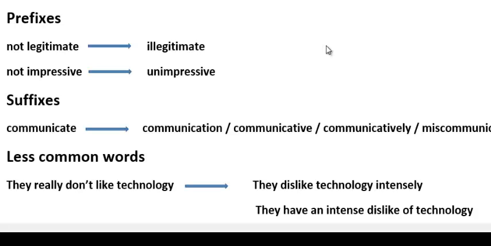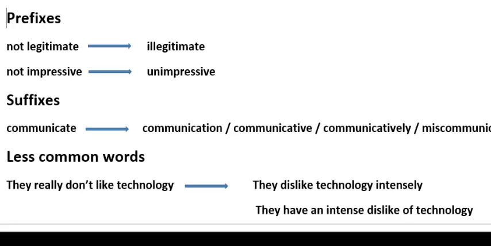So here you might write "not legitimate," and that becomes "illegitimate" with the use of the prefix "ill." Or you might want to write the phrase "not impressive," and that becomes "unimpressive" with the prefix "un."